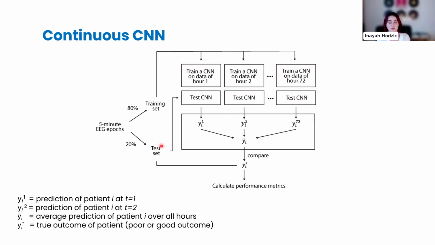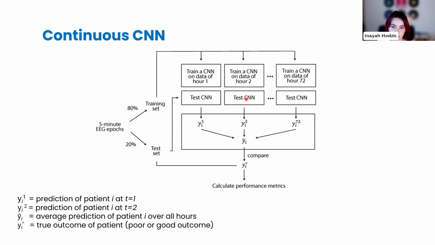And that particularly worked like this. Once the training of all individual CNNs was done, we took patients from our test set. Just to clarify, if a patient was in the training set, they were not in the test set, and vice versa. So it was unseen data. The hour 1 data of, let's say, patient I here was tested on the specific CNN of hour 1, which yielded a prediction of outcome, so poor versus good, at this particular hour.